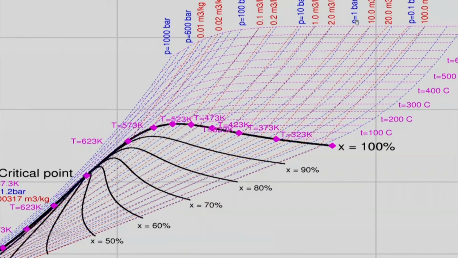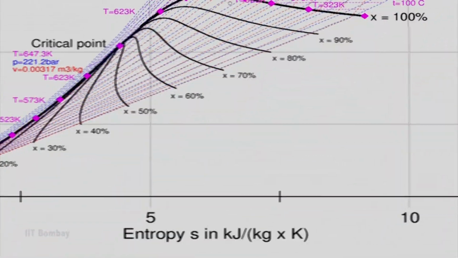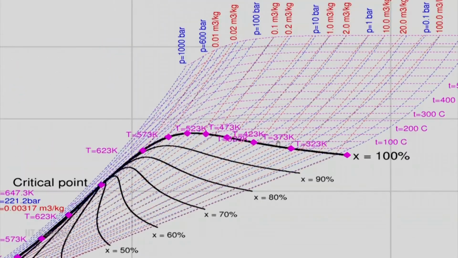So, at 1 bar you have a Tsat value equal to 100 degree centigrade, and if I come down you can also see these values closely. Similarly, at various pressures and temperatures I can read the properties like this, and similarly I can read the entropy corresponding to a given point.